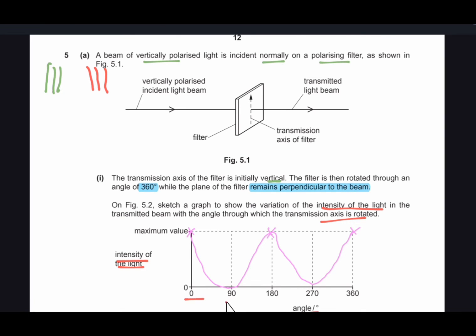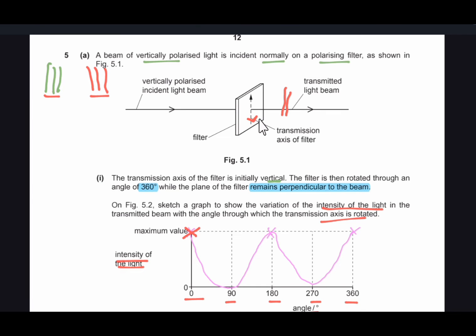So we are given 1, 2, 3, 4, 5 angles. Initially when the axis is vertical, as the light is vertically polarized, maximum light is passing, so we get a maximum value. Then at 180 degrees it has passed half its revolution, and again it becomes vertical, because if we rotate, suppose, a square-shaped object 180 degrees, then again it becomes vertical, just upside down.